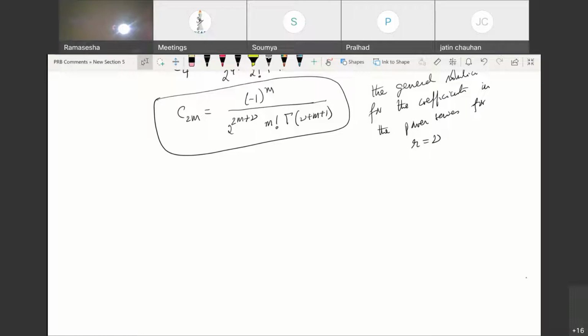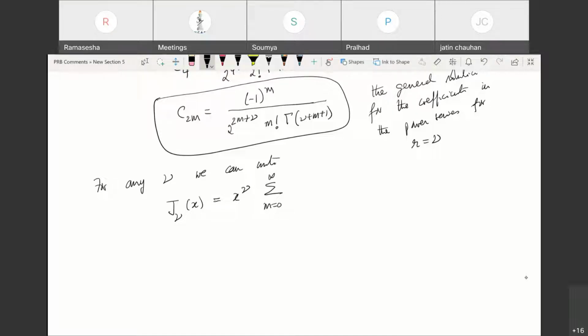For, we can actually for divided times m times gamma u plus.